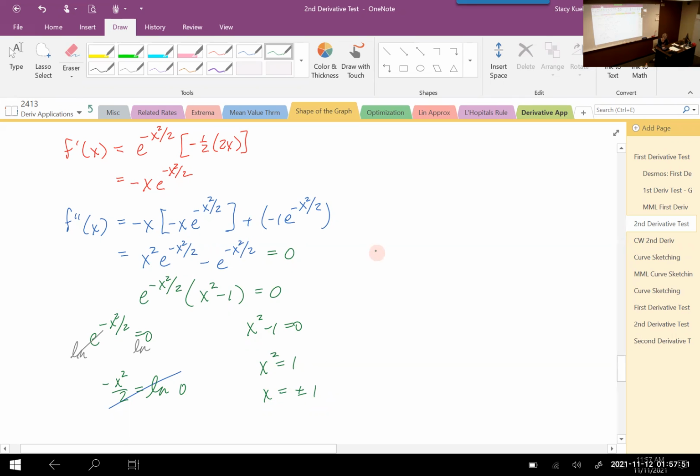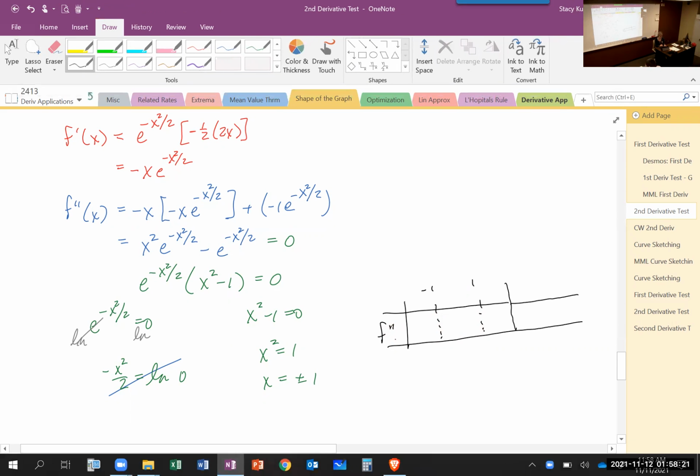So come over here and let's just test the concavity. So I have negative 1, positive 1. F double prime. Let's find out where that is concave up and concave down.